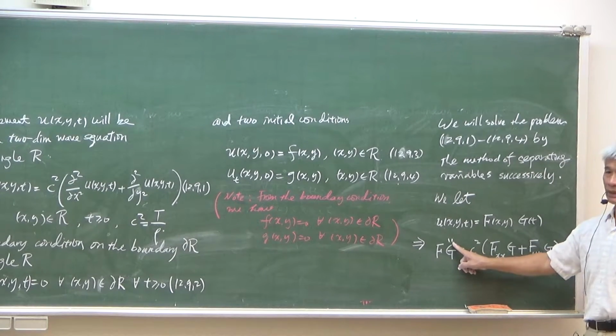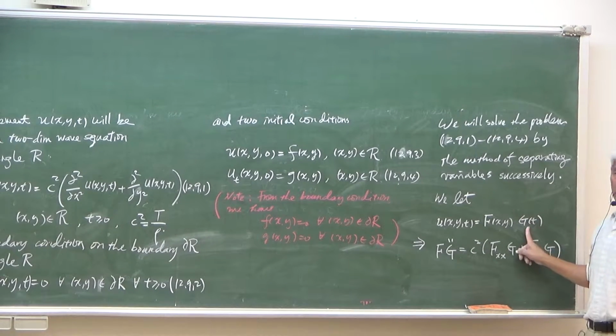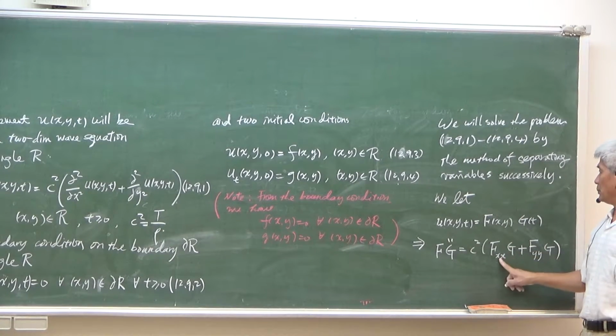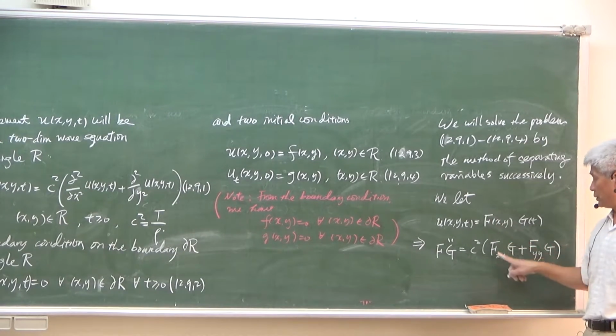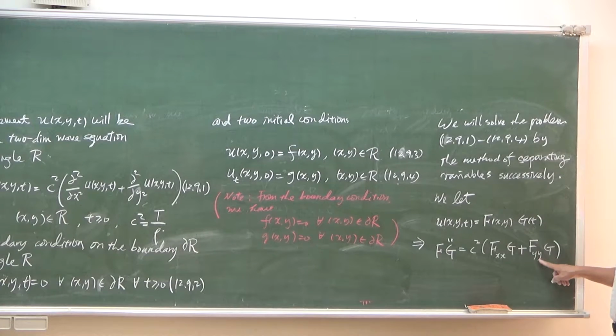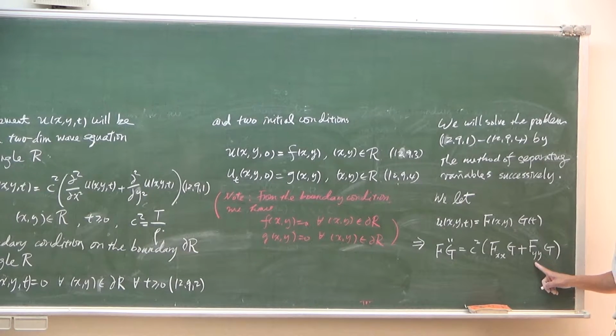So this means that we have the second derivative of G with respect to t, the second partial derivative of capital F with respect to x only, and the second partial derivative of capital F with respect to y only.